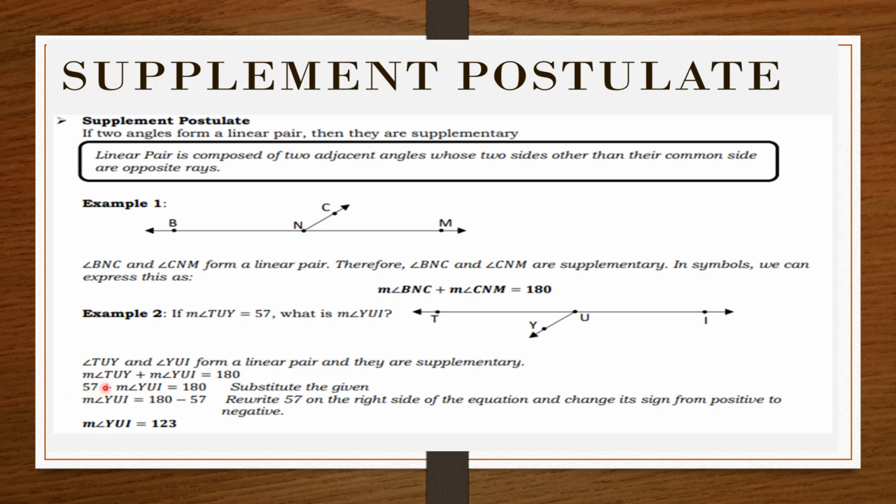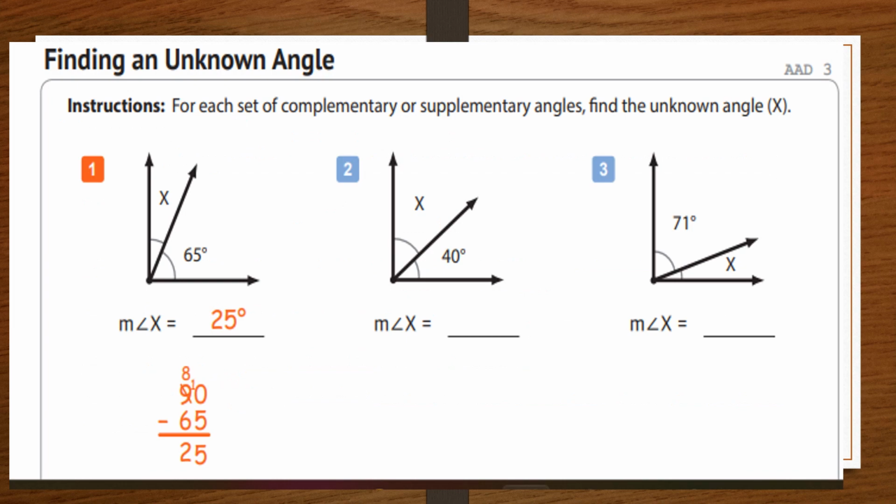Therefore, measure of angle TUY plus measure of angle YUI equals 180 degrees. So 57 plus the measure of angle YUI equals 180. Just substitute the given. Therefore, 180 minus 57 is 123 degrees. It's easy, just by subtracting.